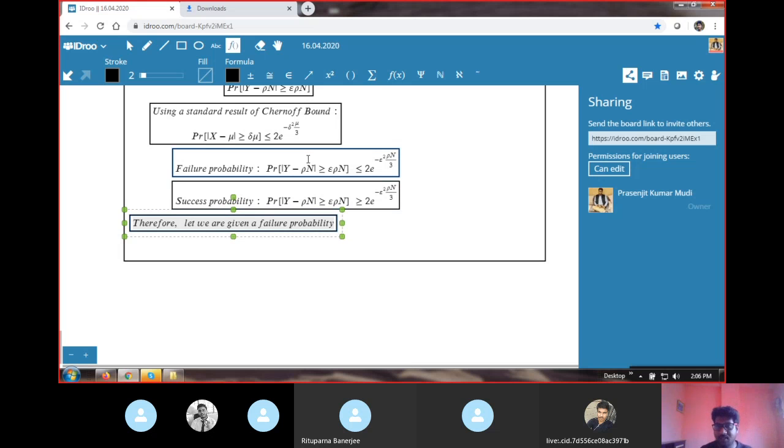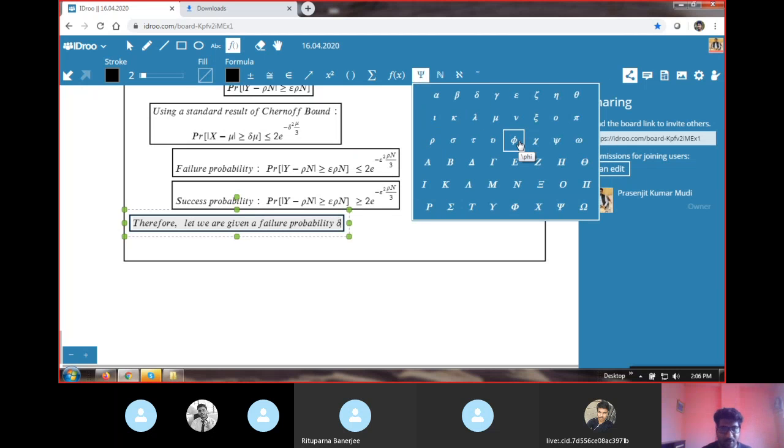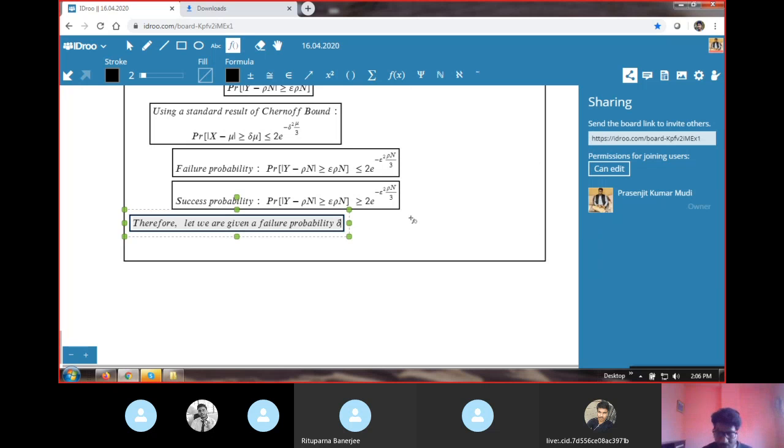Obviously you will have some error probability or failure probability, but you are also told that whatever output approximate DNF counting you are generating must be within the given failure probability, less than or equal to the given failure probability. Let's say that failure probability is delta, means our failure probability must be less than or equal to delta.